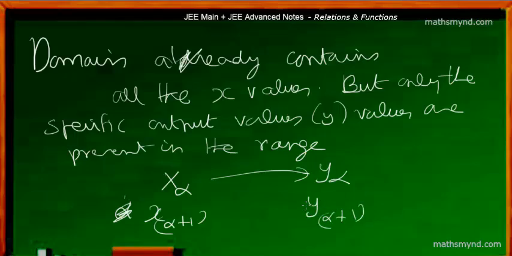So it simply means that the domain contains all the probable input values, but the range only contains those values which are already input. So it comes to the key conclusion.